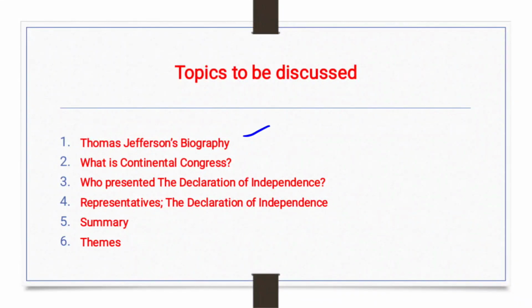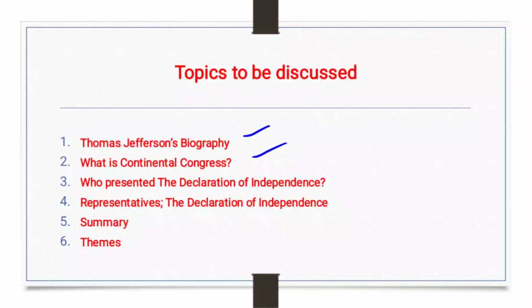And the second question, the most important question, is: what is the Continental Congress? The Continental Congress was a series of meetings held between 1774 and 1789, in which representatives from the 13 American colonies, which were ruled by the British, met to discuss their grievances and organize resistance against British rule.